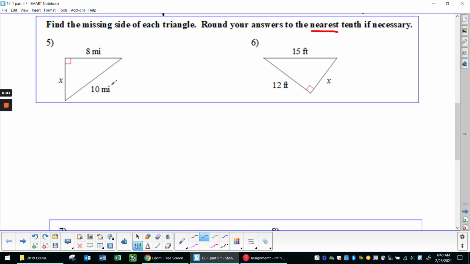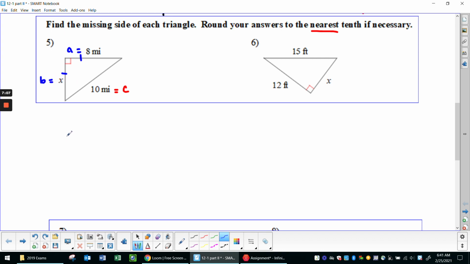However, this time you're given the hypotenuse. So the hypotenuse here is given to you, and that's C, right? And what you're missing is one of the legs, because remember that legs are connected by the 90-degree angle. So if we call this A, 8 is A, we're missing B. We don't know what B is.